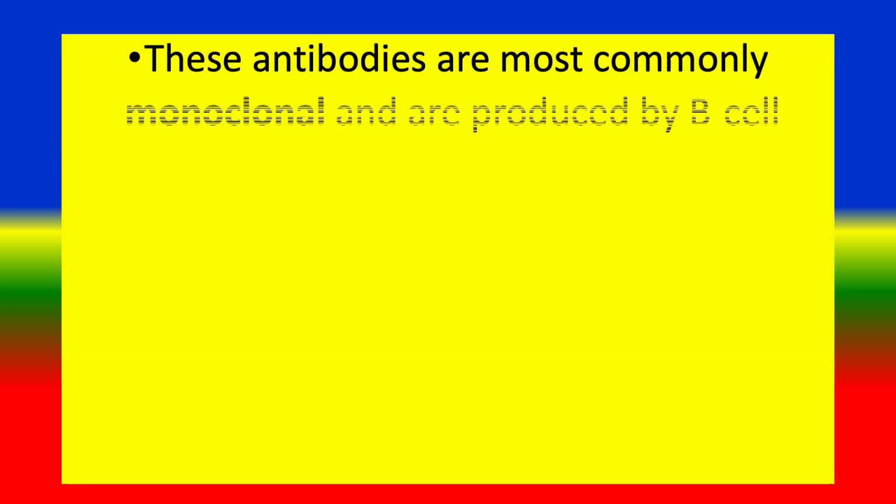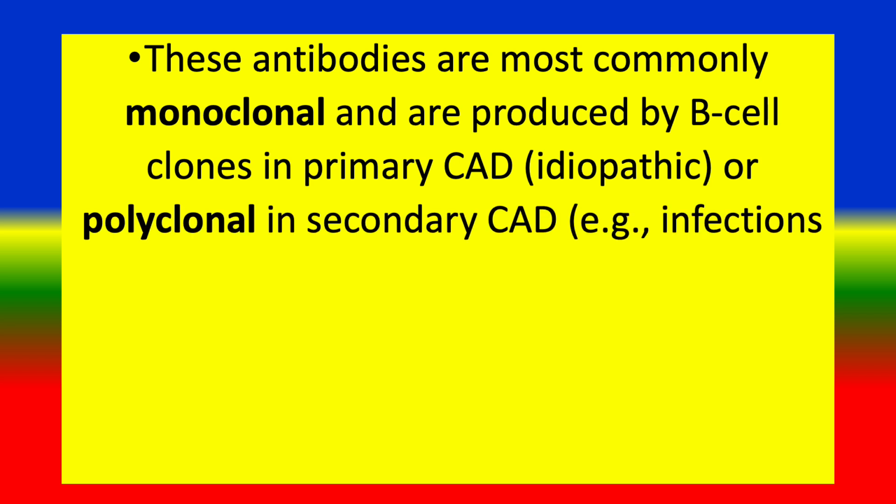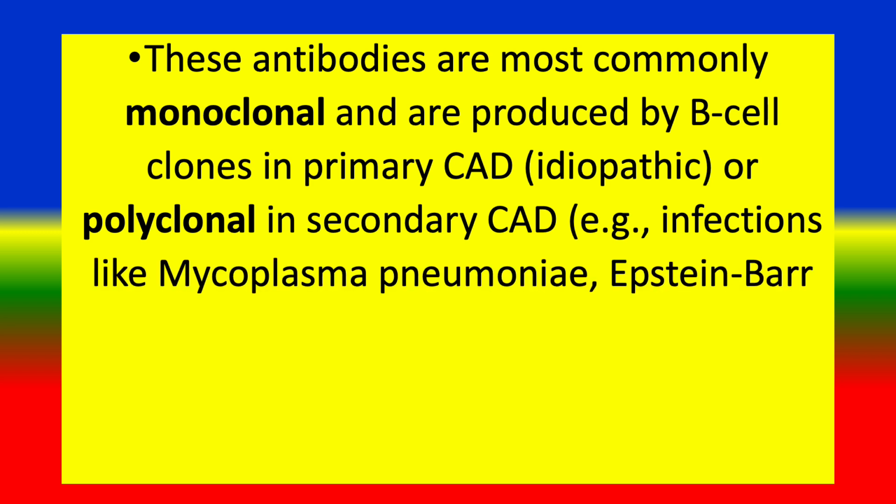These antibodies are most commonly monoclonal and are produced by B cell clones in primary CAD, idiopathic, or polyclonal in secondary CAD. Example, infections like mycoplasma pneumonia, Epstein-Barr virus.